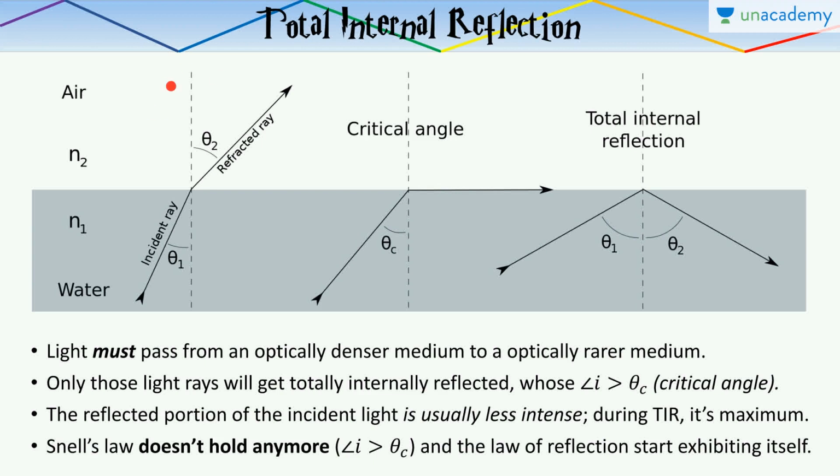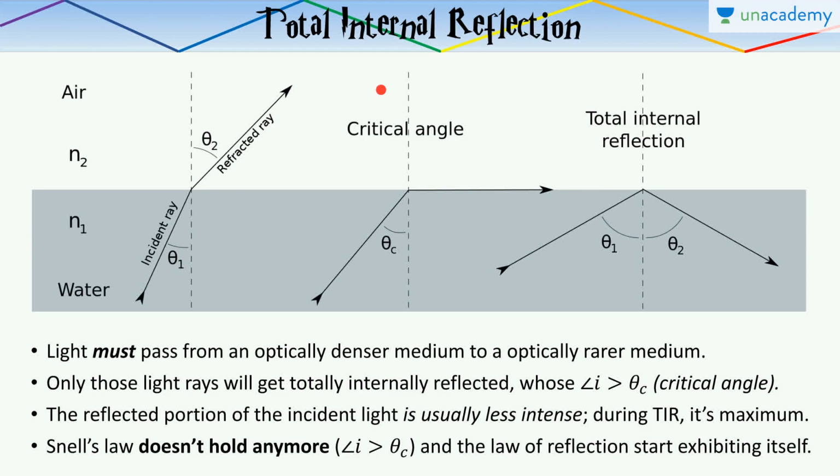As the angle of incidence in the denser medium increases, the refraction angle also increases, and eventually the refraction angle becomes 90 degrees. That is, the refracted ray travels parallel to the water surface.